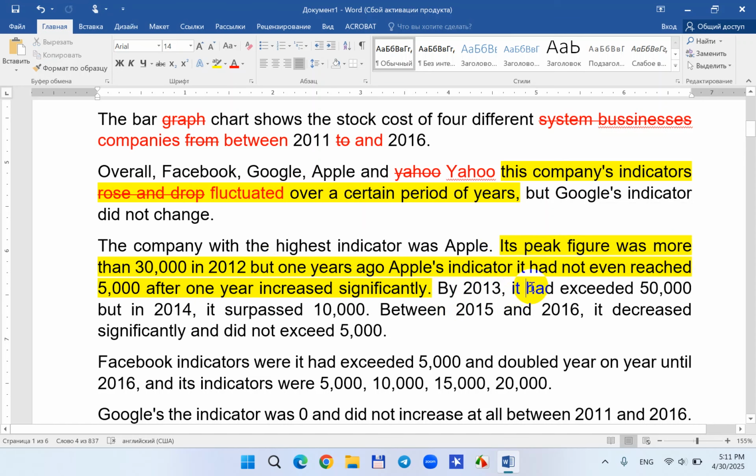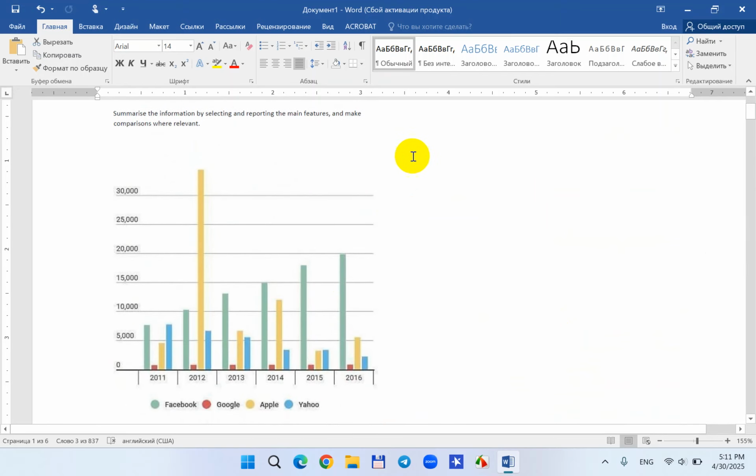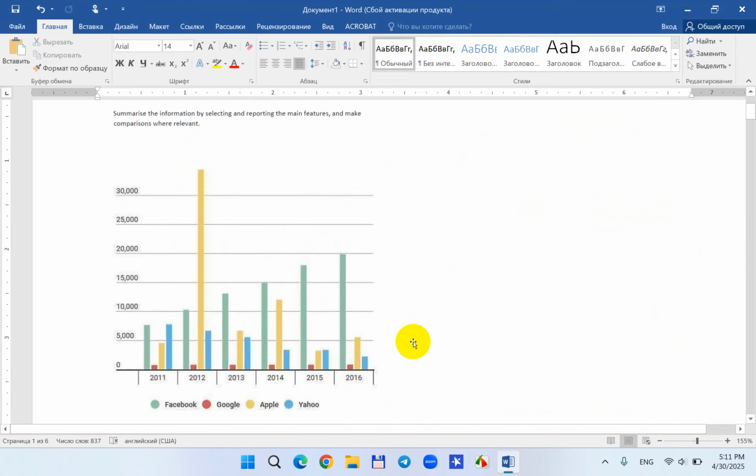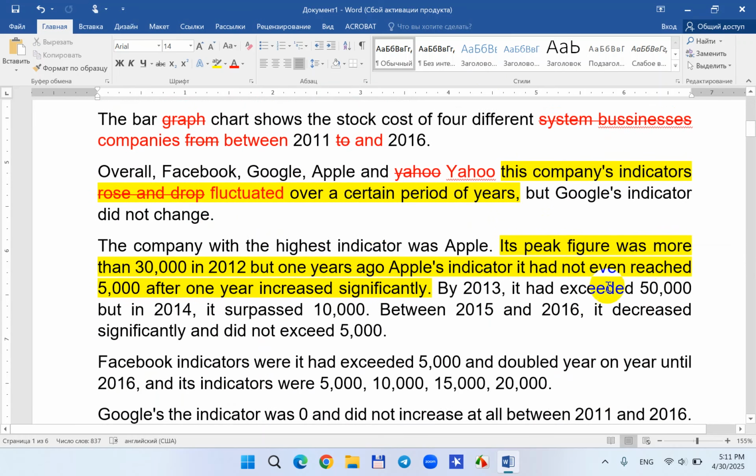"By 2013, it had exceeded 50,000." Where is 50,000? 2013? Is it 50,000? Maybe you wanted to say 5,000, but I guess you didn't do this. That's why I'm gonna mark it as a mistake.